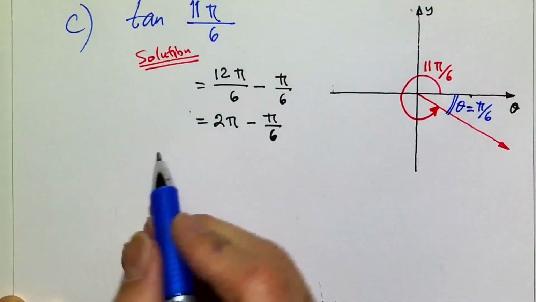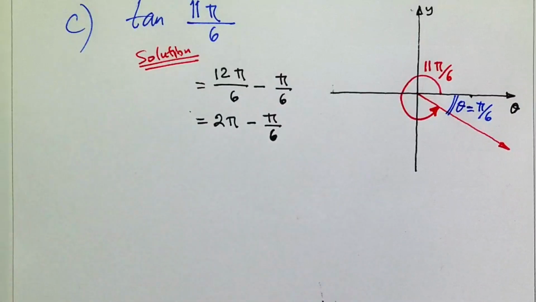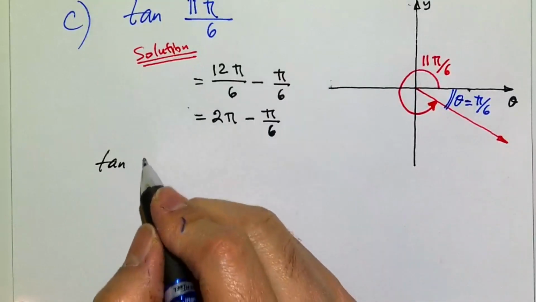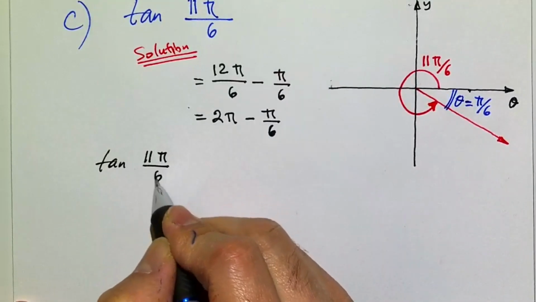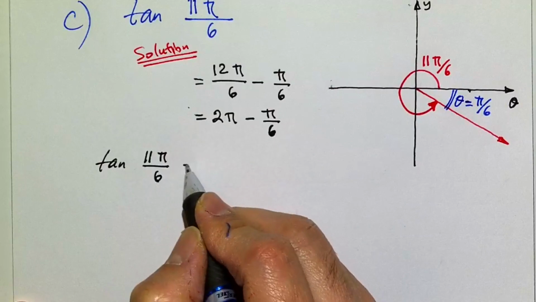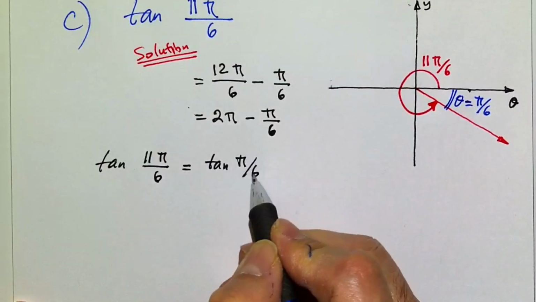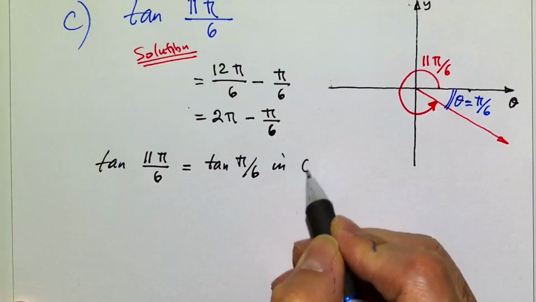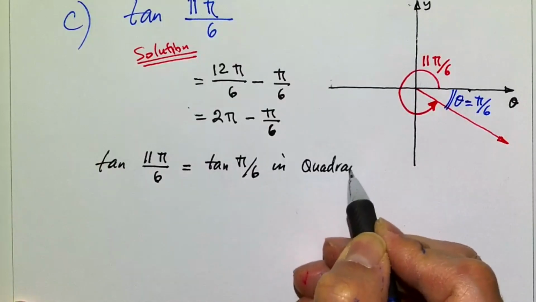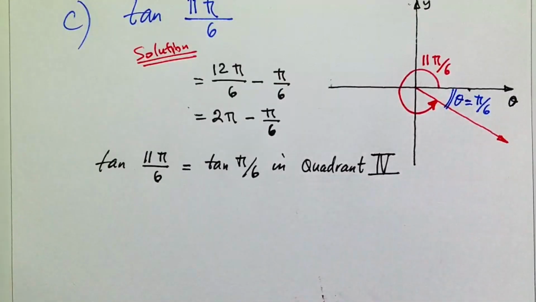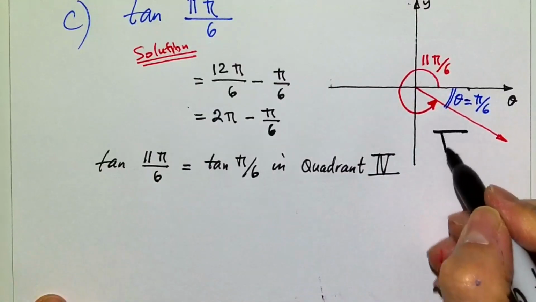So let me write this just like what I did in the previous examples. Tangent of 11 pi over 6 is equal to tangent of the reference number, pi over 6, in quadrant 4. Okay? We're in the fourth quadrant.